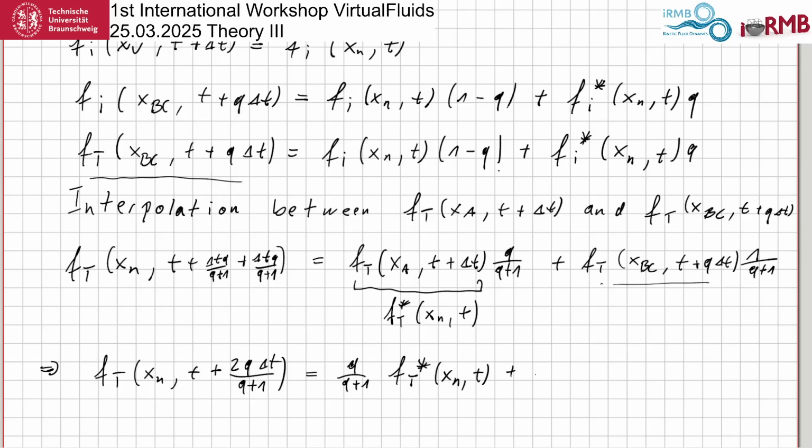So this should give us Fi xn plus t times 1 minus q divided by q plus 1, plus Fi after collision, xn and t, times q divided by q plus 1. Okay, did I get this right?